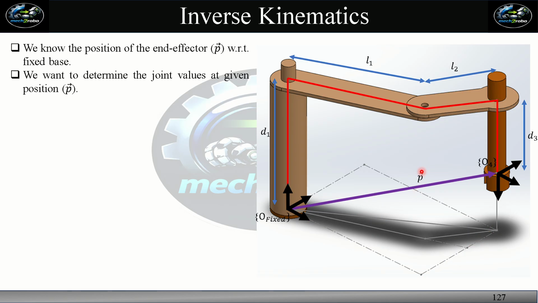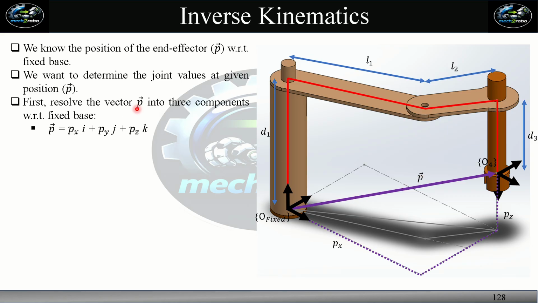For that, we first project the vector p, the position of the end effector with respect to the fixed frame, along the principal axes of the fixed frame, that is, we get px, py and pz.